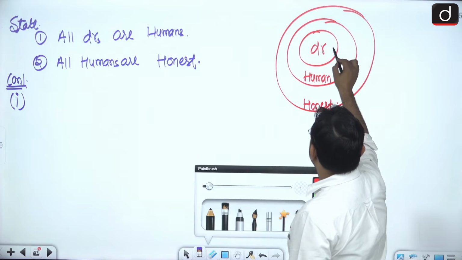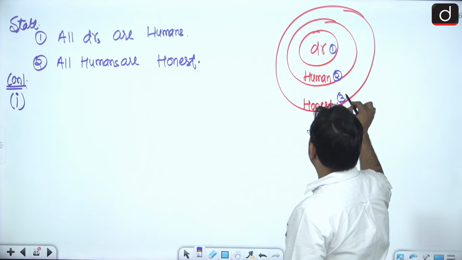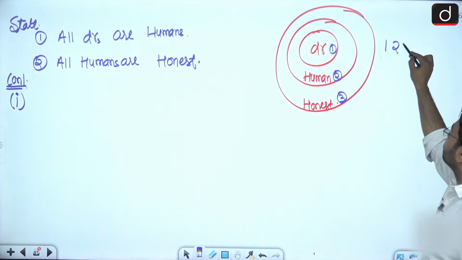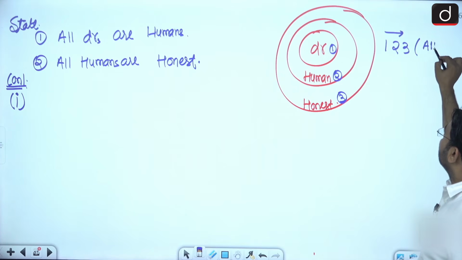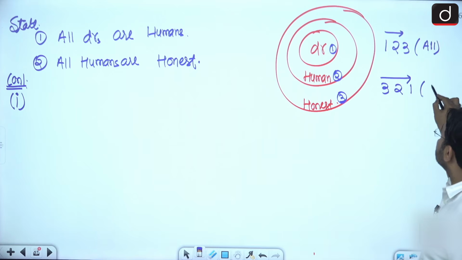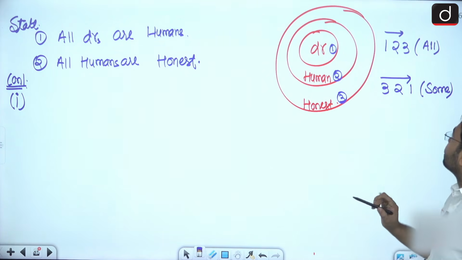If you consider this is 1, this is 2, and this is 3, any doubt? If you are going 1, 2, 3 like this, you will use all. But if you are going 3, 2, 1, you will use some. Got it?